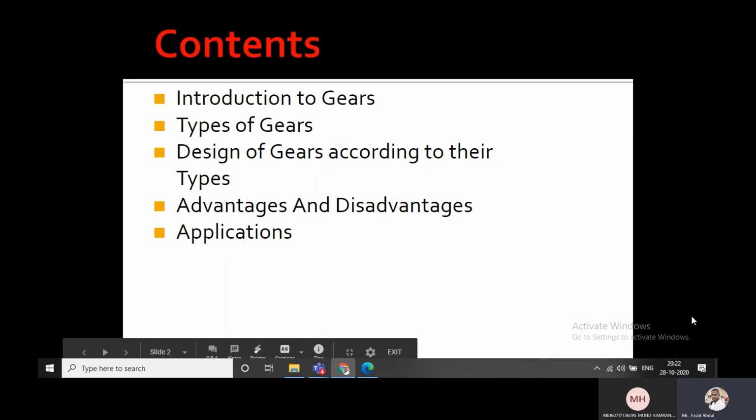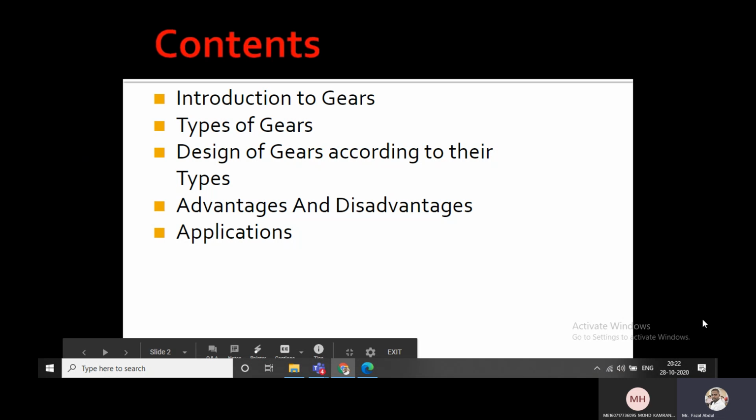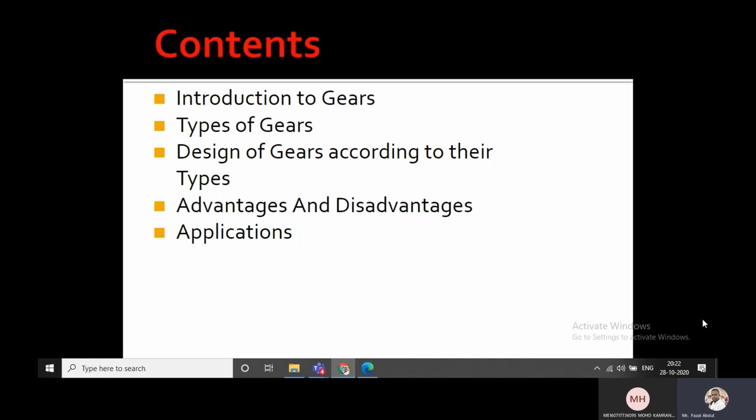So gears are nothing but, the gears topic begins with the friction topic. Based on friction, the gears are built up. There are two wheels, and on those wheels a friction material with an uneven surface is coated.